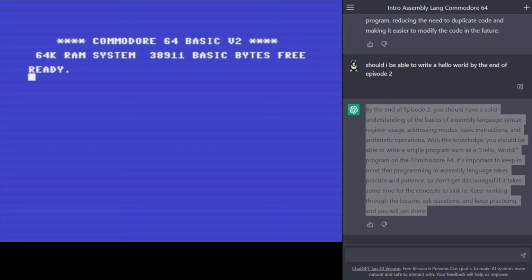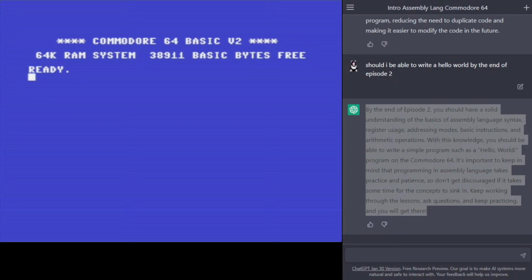So we're gonna LDA the character H, and then we can STA that into a memory address associated with the screen memory. And then we do the same for E, the same for L, L, O, you get the point. So we just LDA the character, and then we STA it into the screen.